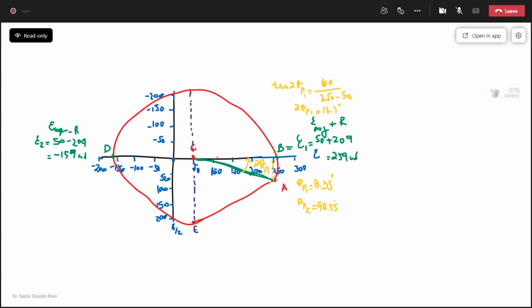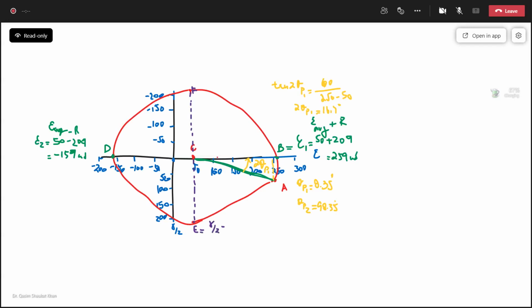This is point F. So point E is gamma by 2, and that is equal to कितना है जी?